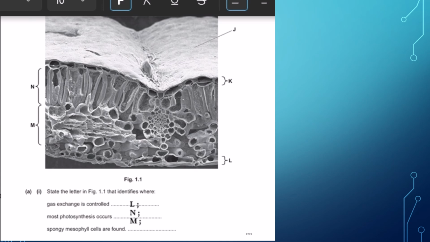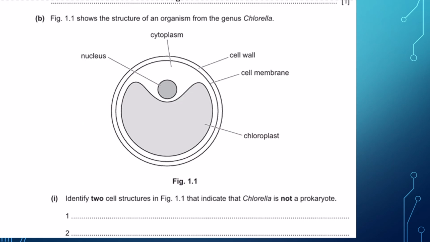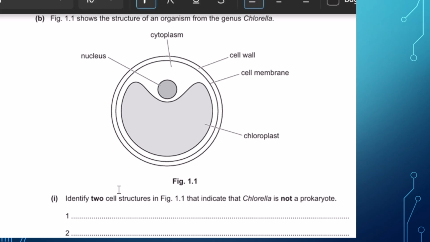This is again from 42, from that year, also extended, where we have to look at the structure of an organism, chlorella, an algae, and then identify structures that indicate it's not a prokaryote.